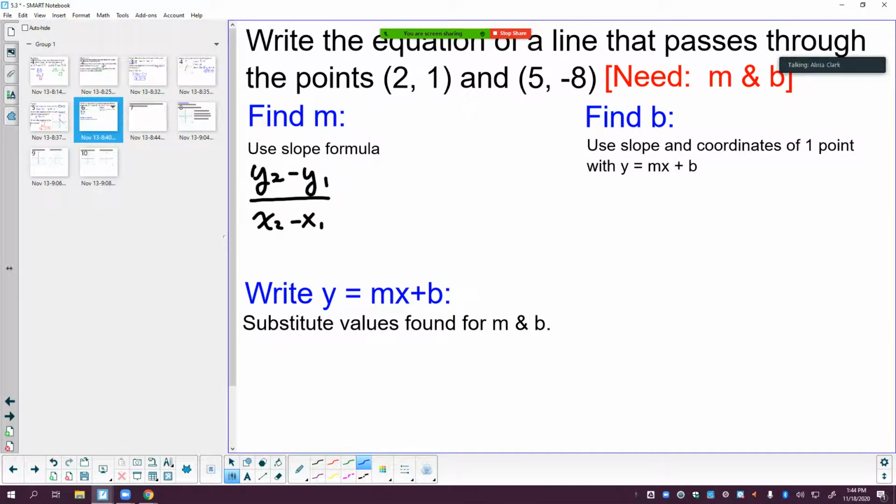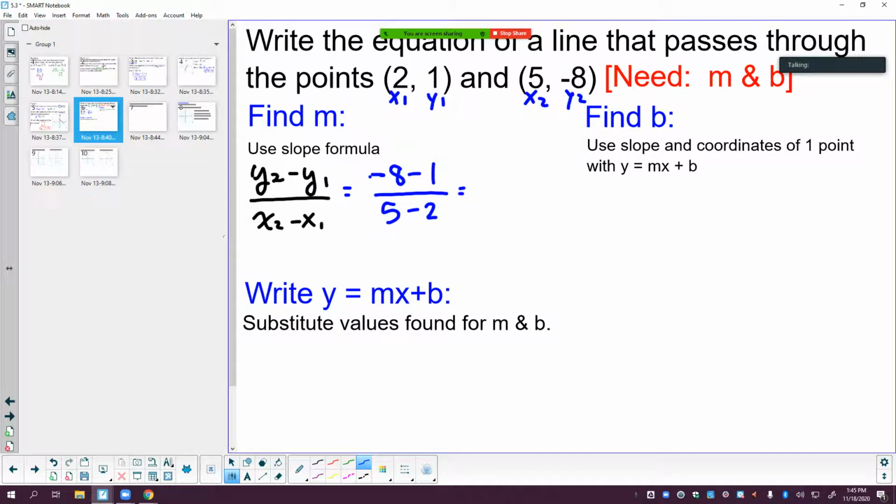Looking at my ordered pairs, (2, 1) is my first x and y, and (5, -8) is my second x and y. Use the slope formula we learned yesterday. Y2 minus y1 is negative 8 minus 1, and x2 minus x1 is 5 minus 2.